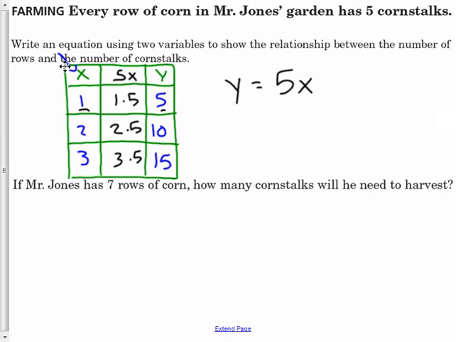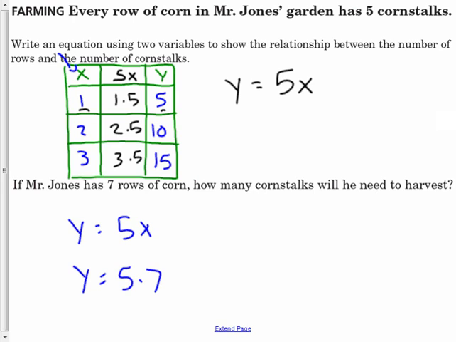Now I can use that to answer the question below. It says, if Mr. Jones has 7 rows of corn, how many corn stalks will he need to harvest? Well, I could skip count by 5s until I get to 7, or I could simply say my equation is y equals 5 times x. I want to know if x is 7. If x is 7, what's my output?